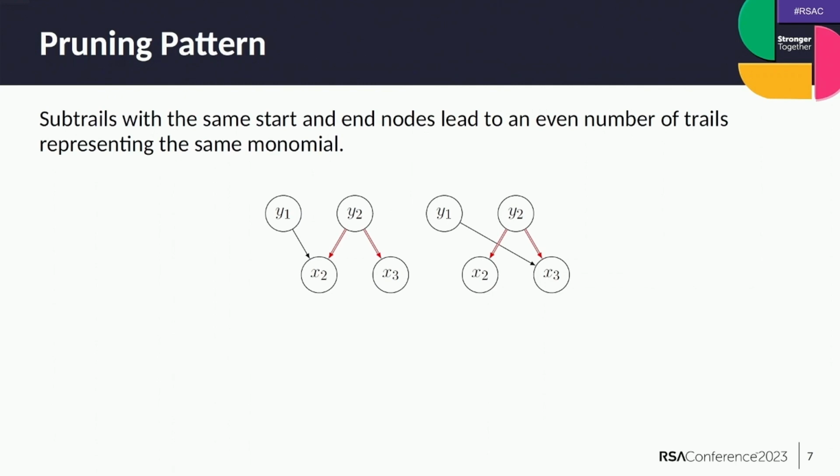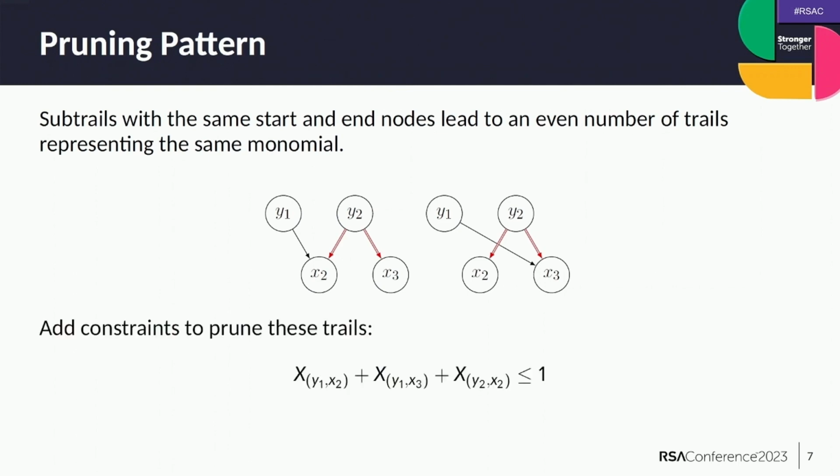Here is the example in the toy cipher. These two trails both lead to x2 multiplied by x3, and they will eliminate themselves in the ANF.